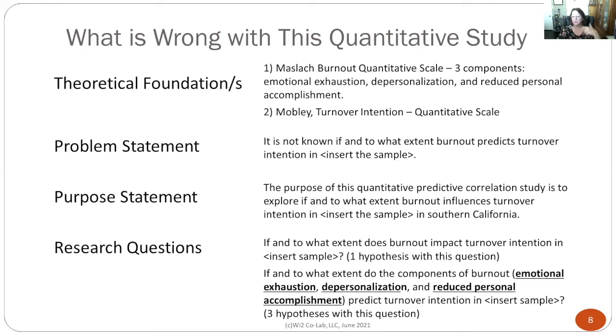So you might end up with one main question, and then one question for emotional exhaustion, one for depersonalization, and one for reduced personal accomplishment, and then one hypothesis under each one. You just have to go with the flow when they're talking about numbering. Don't get hung up on it. And you'll see studies that are the same way. So it's good. Any other questions?